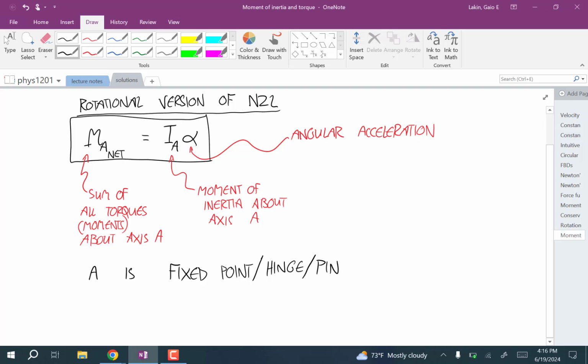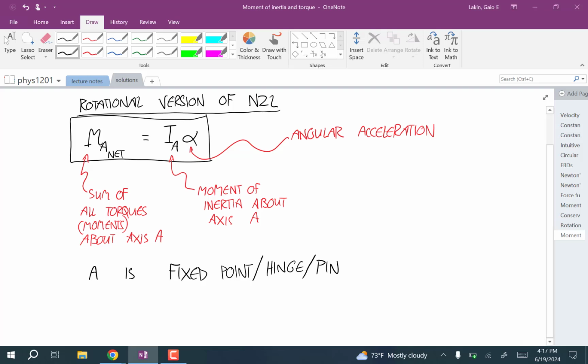It's a point that's stuck to the surroundings, stuck to the ground, and everything just rotates around this pin. We're only going to do calculations for bodies that are fixed at some point with a pin or a hinge or whatever. You can do these kind of calculations when you don't have that and you use the center of mass of the object as that point, but we're just not going to go into that.